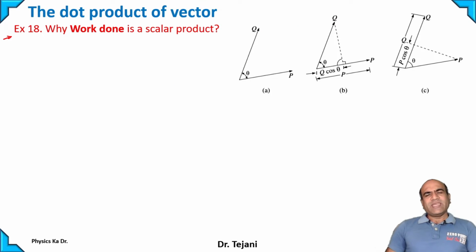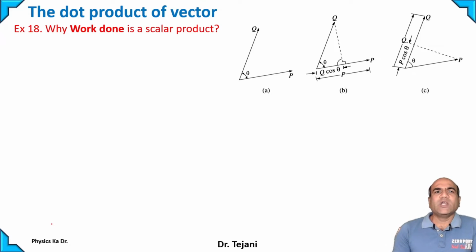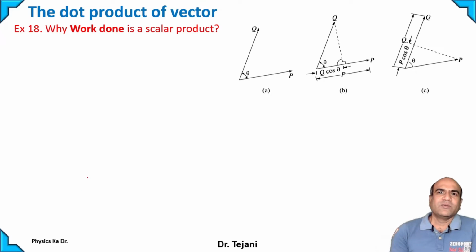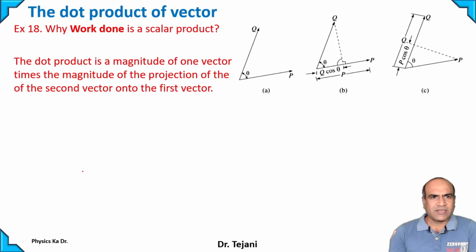So let's take a very important question. If you see our initial stage, we have seen some scalars and vectors and this part was skipped over there. So one question is why work done is a scalar product. First, what is a scalar product?